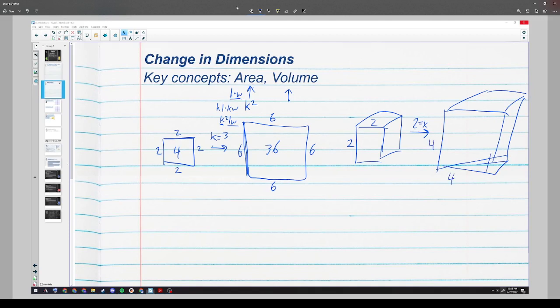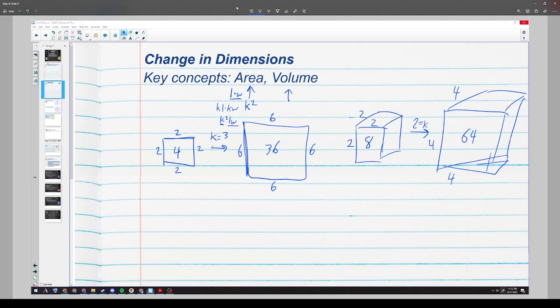So I have a length, a width, and a height, the way I drew it, of 4. So my volume here, 2 by 2 by 2, would be 8. My volume here, 4 times 4 times 4, is going to be 64. So I can fit 8 of these cubes into this cube.